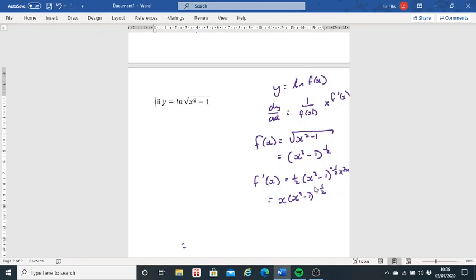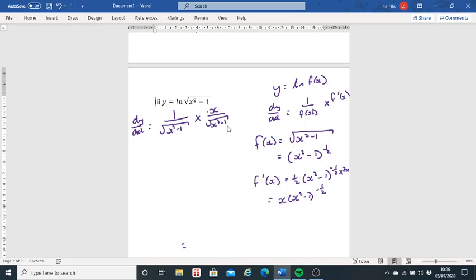Now we're going to put that into the expression. So when I do dy dx, it's 1 over what we've got, which is the square root of x squared minus 1, times the derivative, which is x over the square root of x squared minus 1.